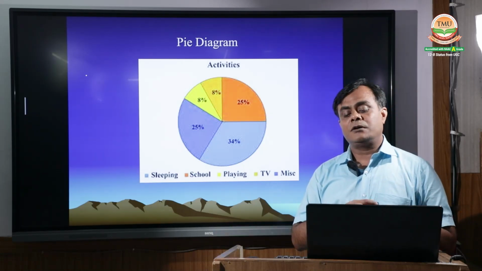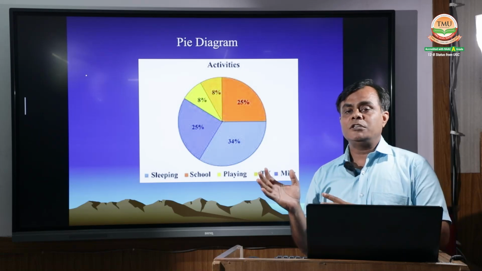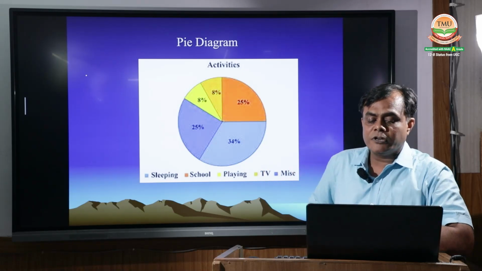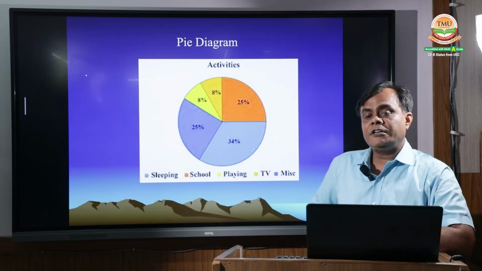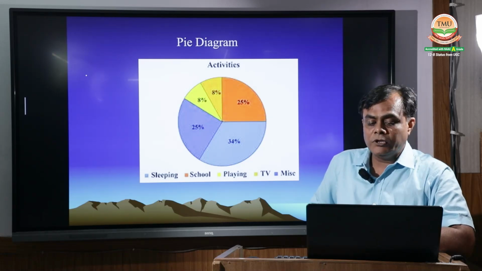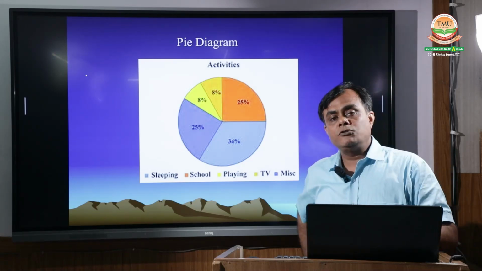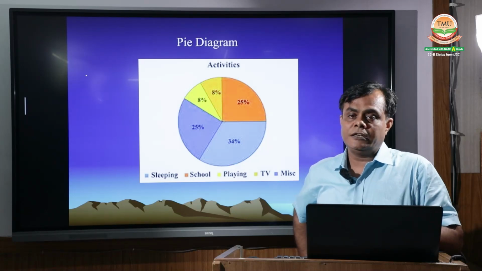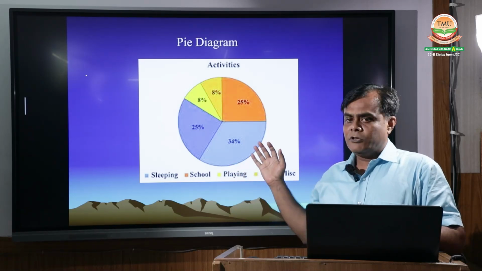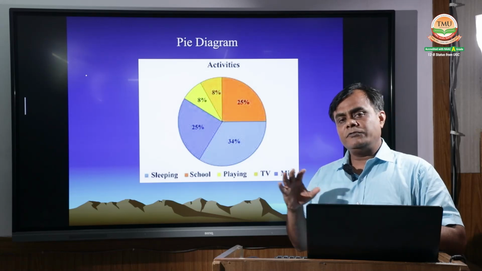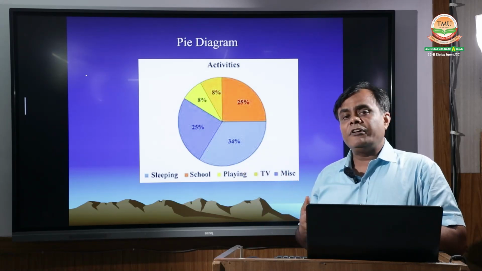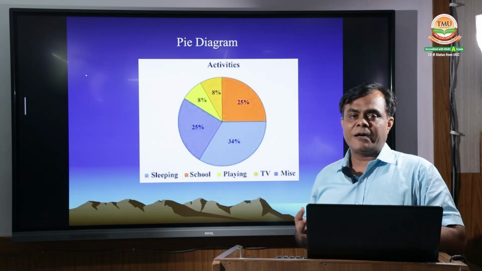You can compare how much time you are using for the miscellaneous activity, for the sleeping activity, for the schooling activity, for playing, or for watching television. So by this diagram it is very easy to understand, and you can create understanding in a very easy manner by using the pie diagram.